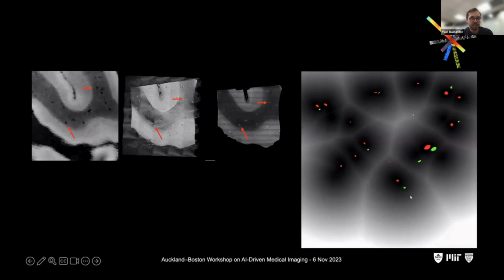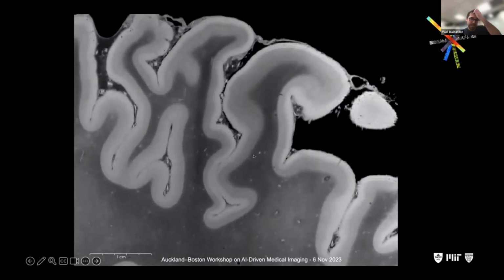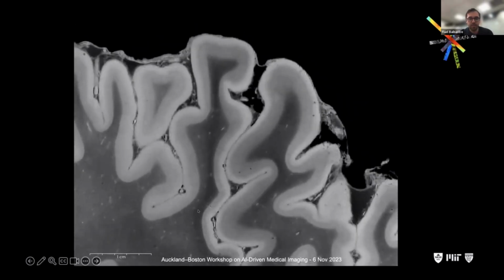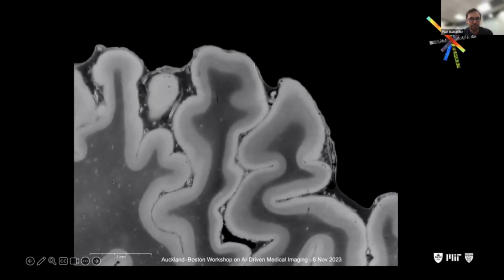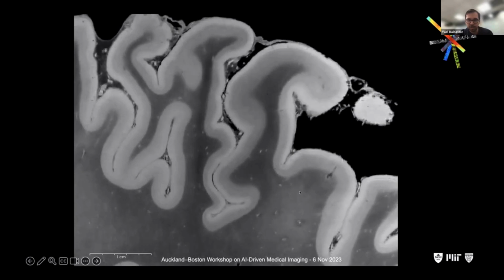And you can see that some vessels are actually present in all of the modalities. So if we can segment them, then we can use that to drive the registration between the different modalities. And even in the MRI, even if it's about 100 micron resolution, we can see quite a lot of vessels, although they can sometimes be pretty close to the noise floor.